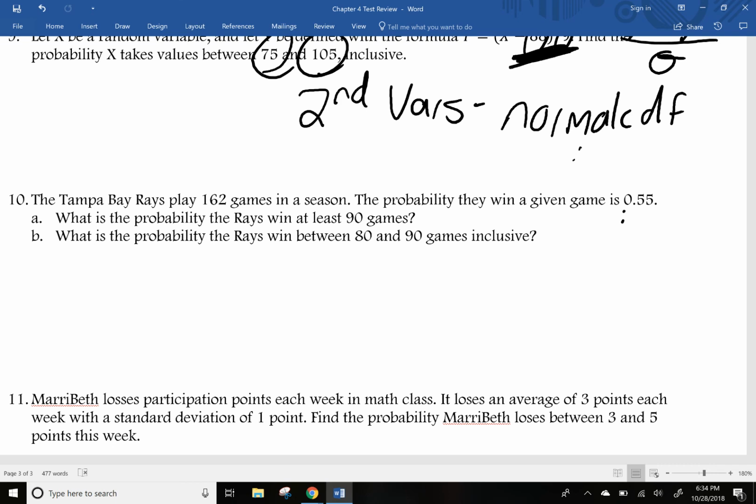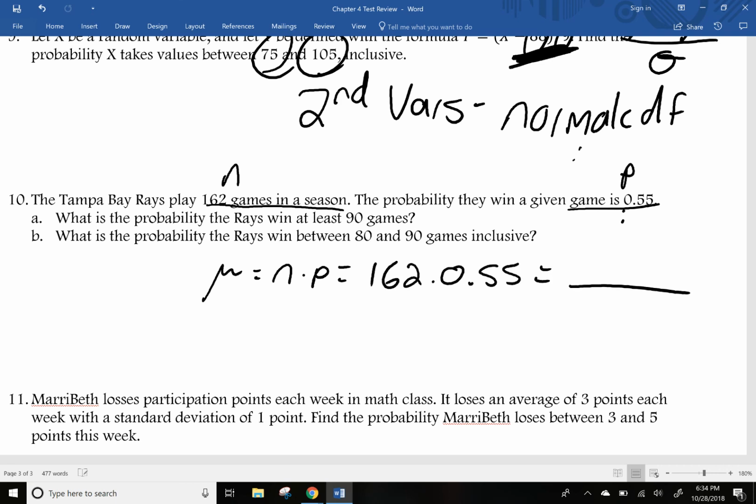So remember the n times p thing, because this is what that's referring to. n is obviously 162, and then the probability of success is 0.55. So if you want to know what the mean is, it's n times p, which means 162 times 0.55. That number is your mean.